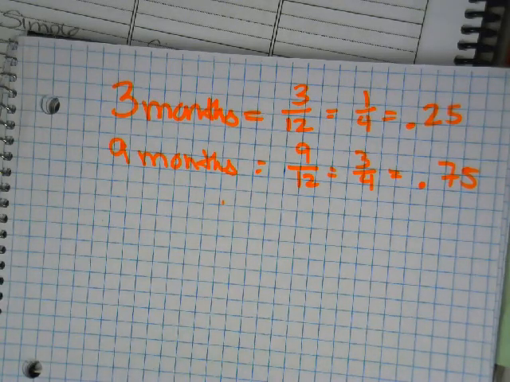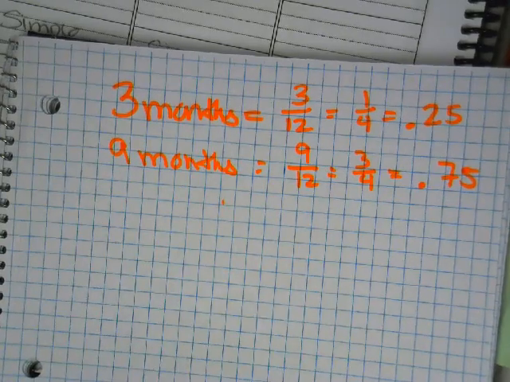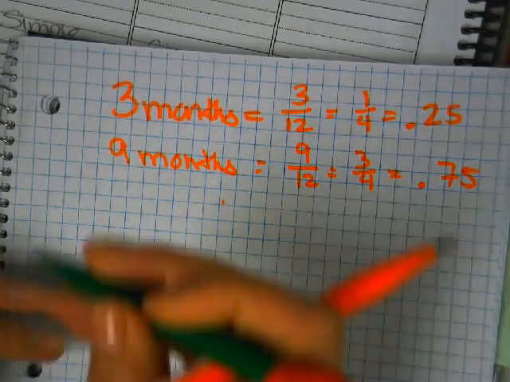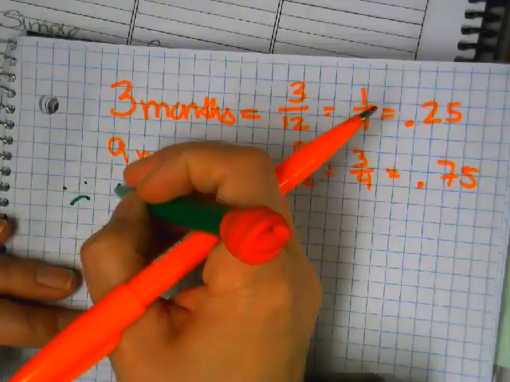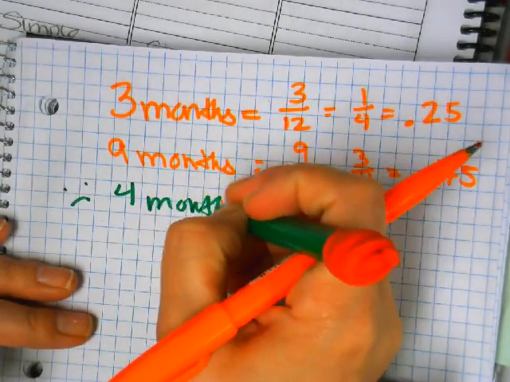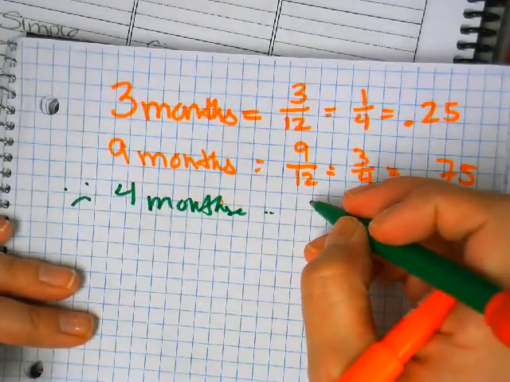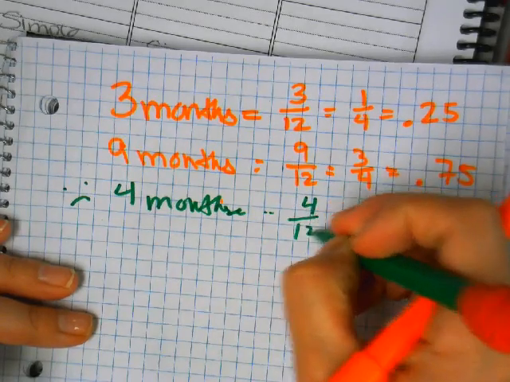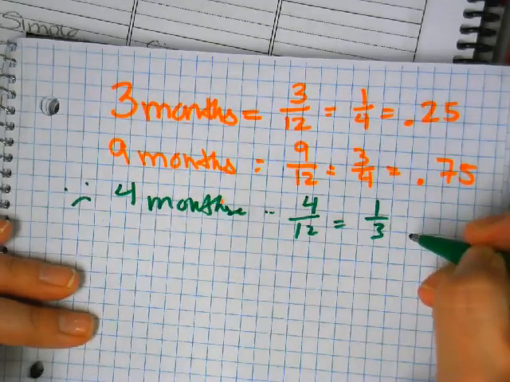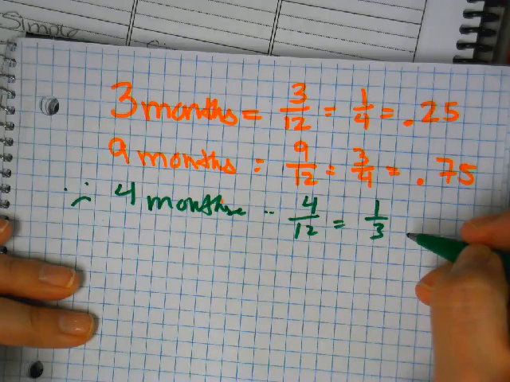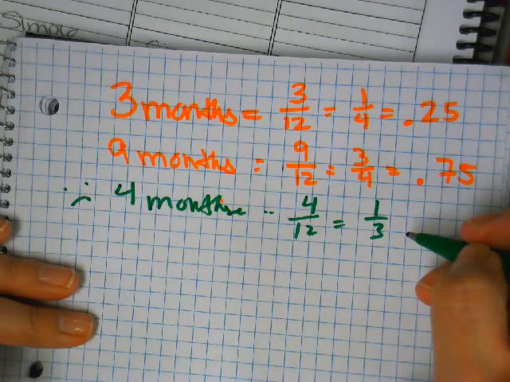Because if I give you, let's say, 4 months, what would it be? 1/3. 4 over 12 is 1/3. What's the decimal of 1/3? 0.33.